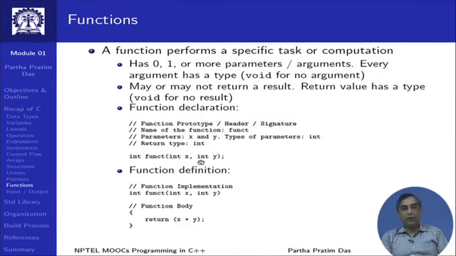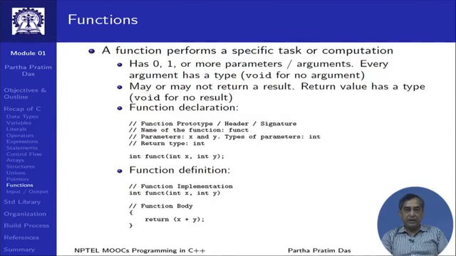If there is more than one parameter, they are separated by commas. At the end of this parenthesis, if you put a semicolon, then we know that you are just interested to talk about what parameters the function takes and what type of value it returns, but you are not interested to specify how this function funct actually computes the result integer from the parameters x and y.